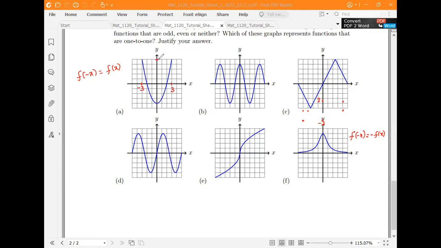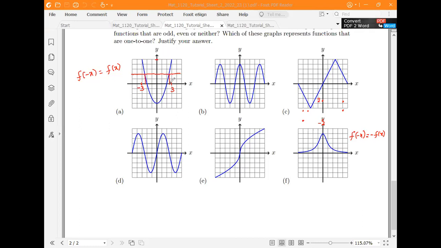So that's why you know that it's even. Or you draw a horizontal line, and the difference between the numbers is just a sign, but the same numerical value. If it is 3, the other side should be -3. Then you know that it's even.